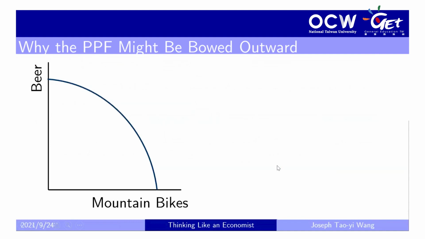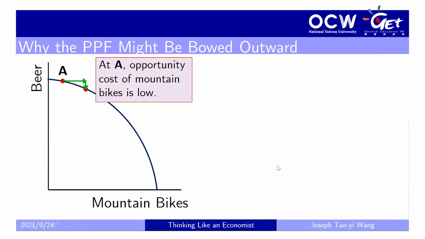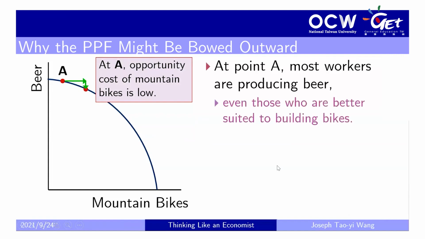All right, so now let's go back to chapter 2, and I'll show the slides. Here is the PPF. This is another country where you produce only beer or mountain bikes. And you see that the PPF becomes steeper as the opportunity cost of mountain bikes is going up. So why is that? At the very beginning, say if you think of point A, the opportunity cost of producing mountain bikes is low because most workers are producing beer.